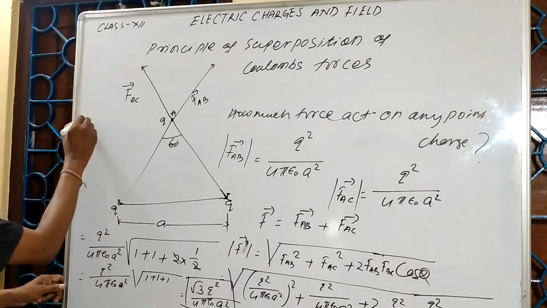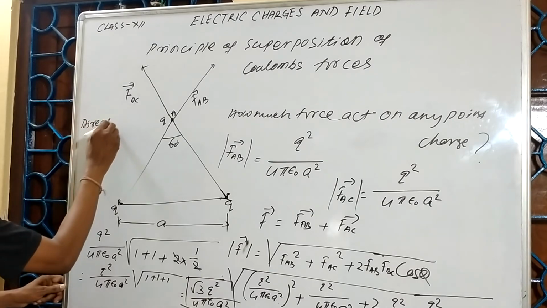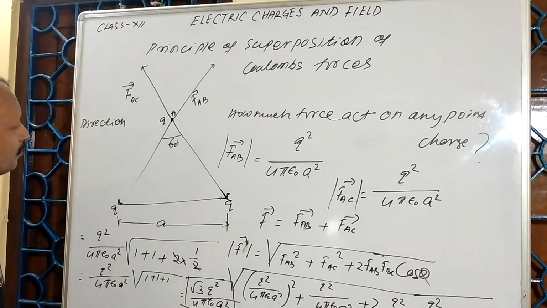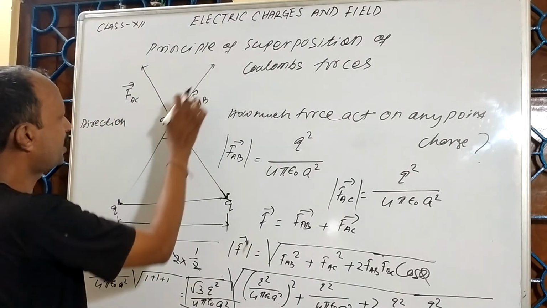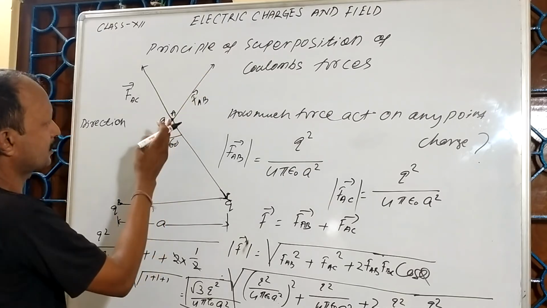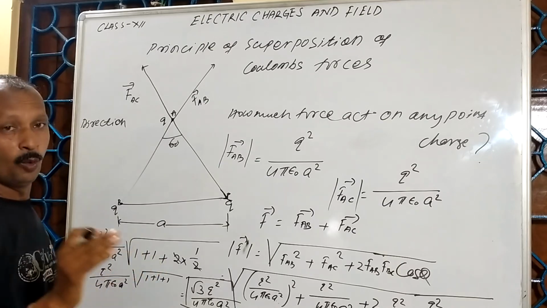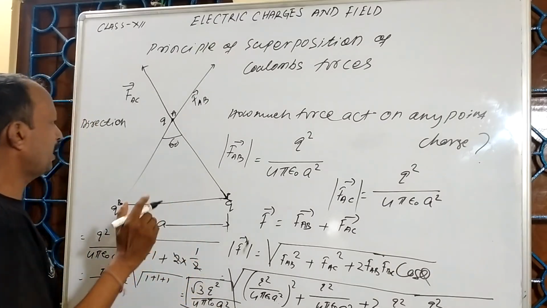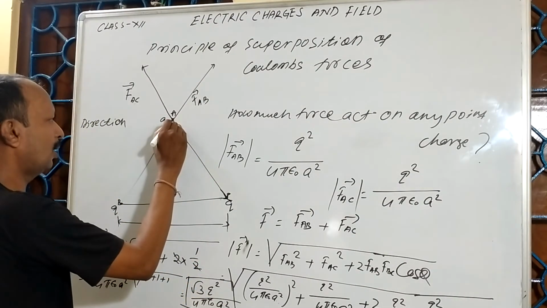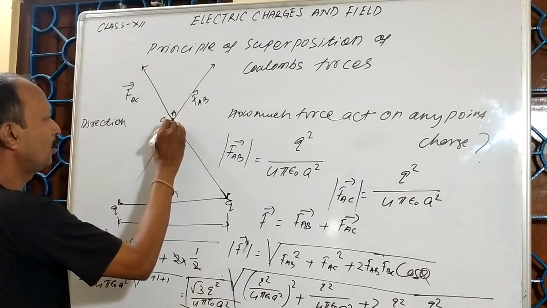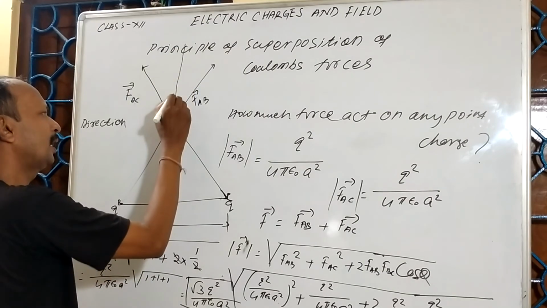What about the direction? Since the magnitudes of forces F AB and F AC are both equal, definitely the direction of the net force will divide the angle equally.